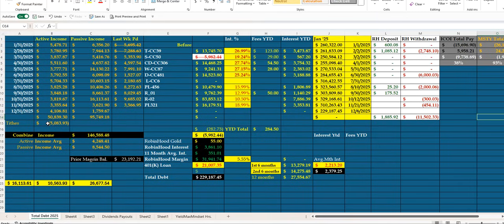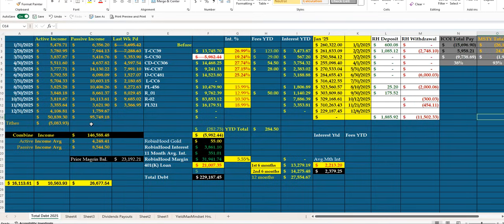Our total active income from my employers is $50,839.30 minus $5,083.93 in my tithes. Passive income that we got for the month of December so far sits at $1,759.67.